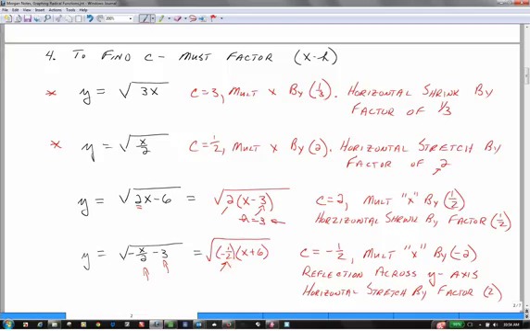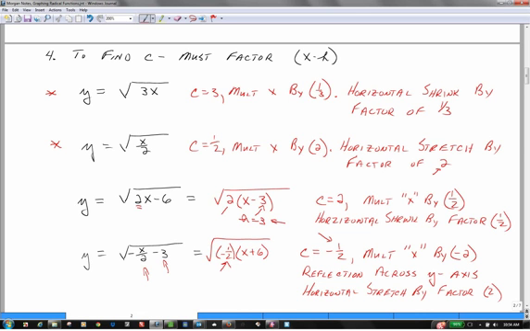So the c value is actually equal to a negative 1/2, which means I'm going to reflect it over the y-axis, and since c is negative 1/2, I'm going to multiply x by negative 2. So I'm actually going to stretch it by 2.